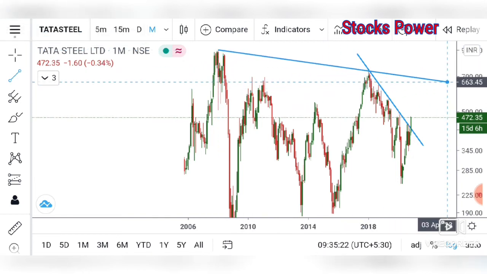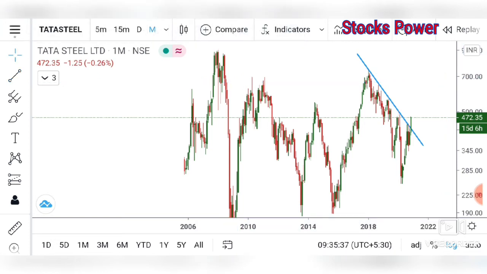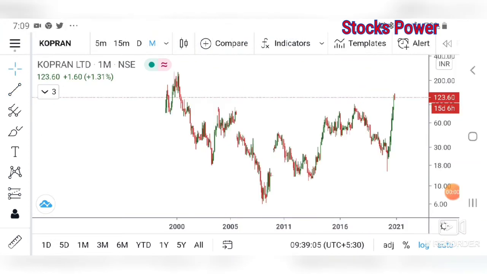This trend line is touching only one high, and the stock is at a low. So we can take this stock as a short term multi-bagger stock, which will give you multi-bagger returns in a short time.